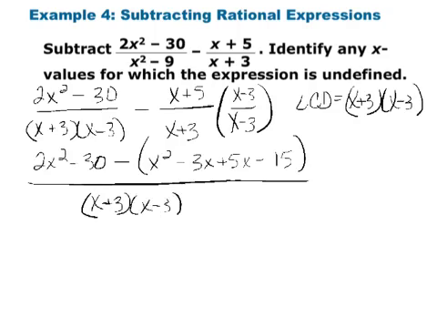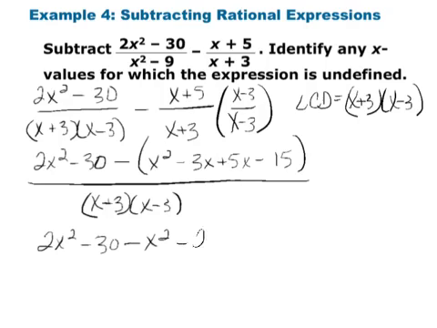Okay, go ahead and collect like terms. 2x squared minus 30 minus x squared. And if I look here, I have a negative 3x and a positive 5x. That's a positive 2x, and that negative makes it a negative 2x, and then a plus 15.